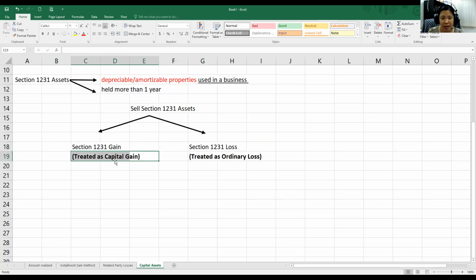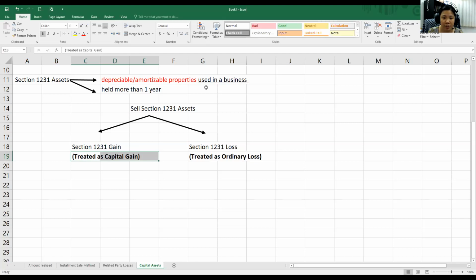And if you have a section 1231 loss, it will be treated as an ordinary loss. This is very good because you can always deduct the ordinary loss. And capital gain is better than ordinary gain because you can use it to absorb capital loss.